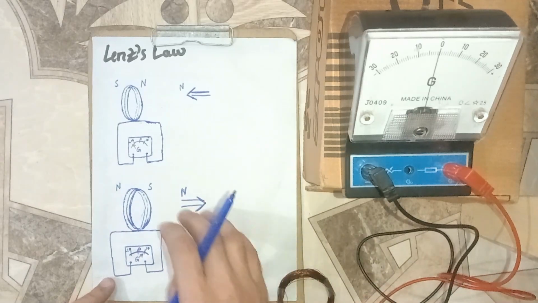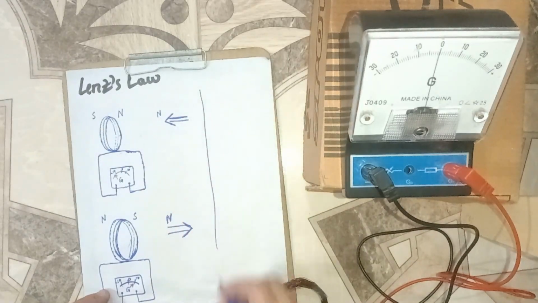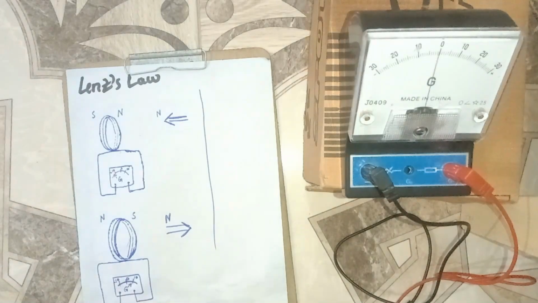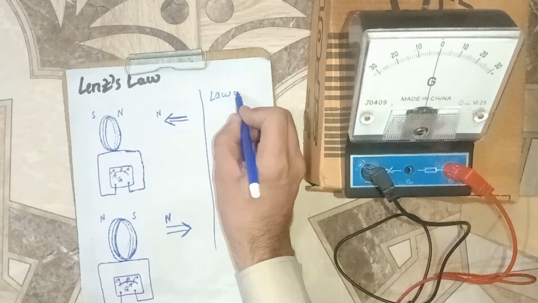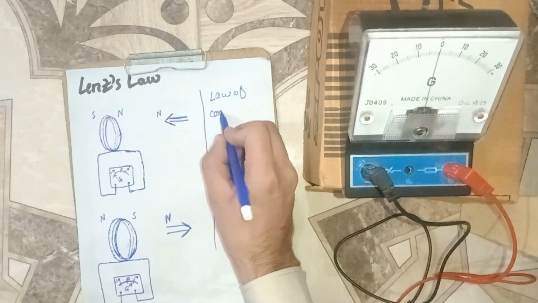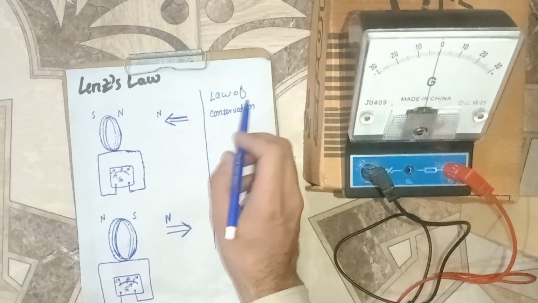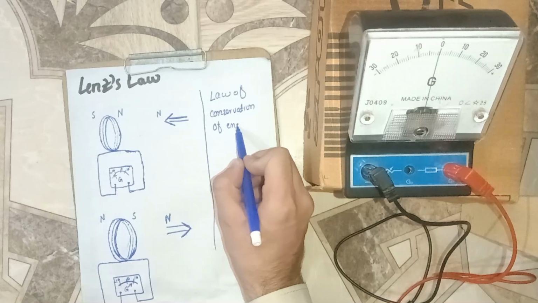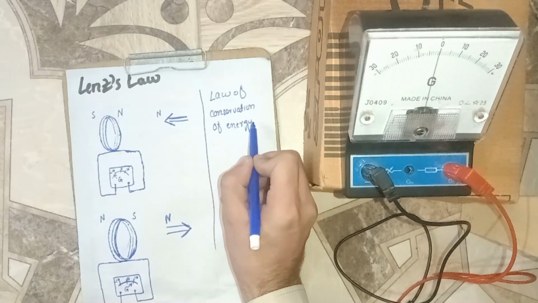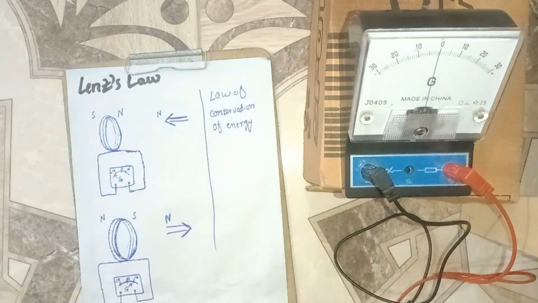So in Lenz's law, we have the law of conservation of energy, in which the energy is converted from mechanical energy into electrical energy.